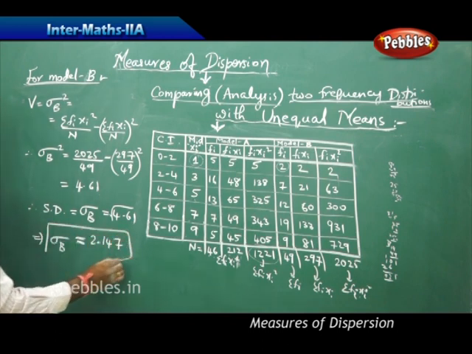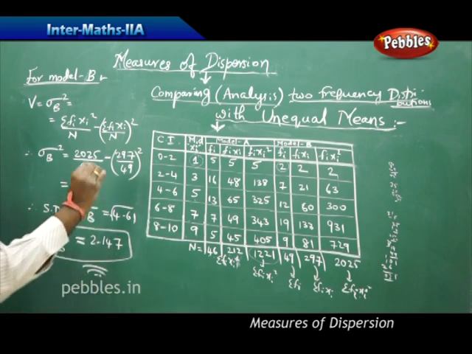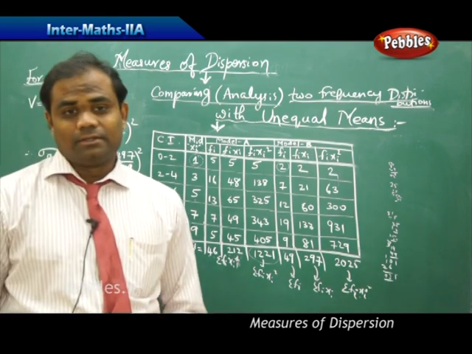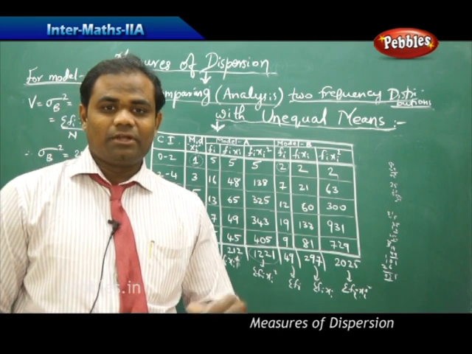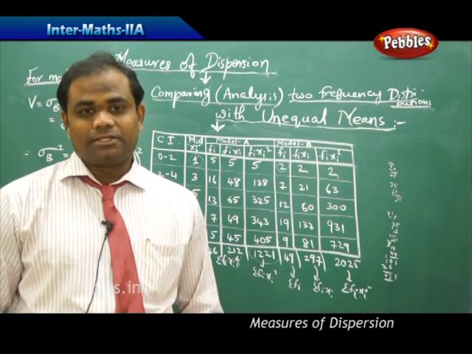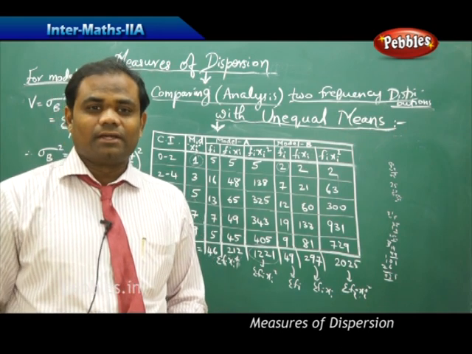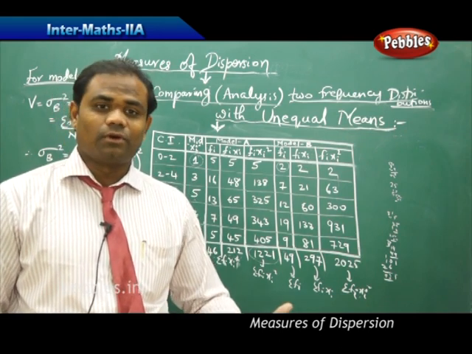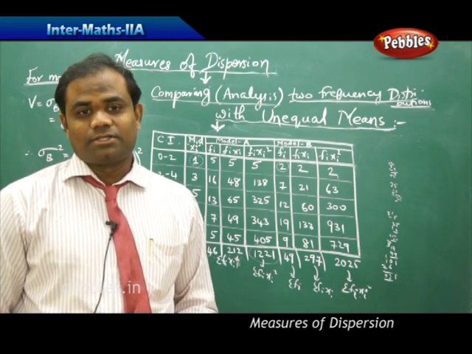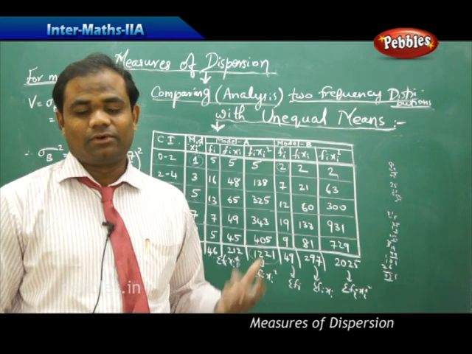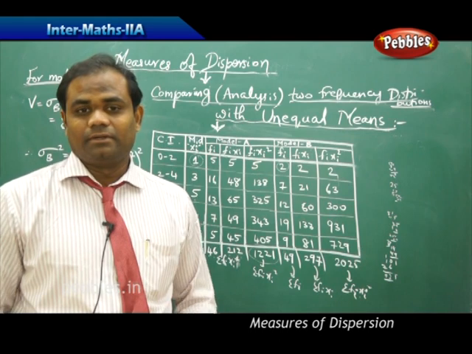That is what we get as the standard deviation of model B. Now that we have obtained the mean of model A and B and the standard deviation of model A and B, now comes the question of finding the coefficient of variation of each of the models A and B.